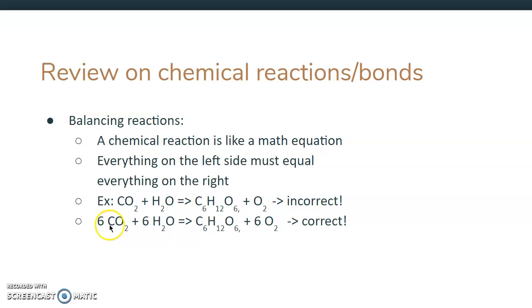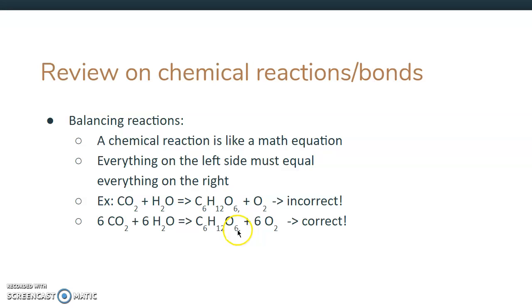So we have numbers in the front, and now we would multiply this 6 by the little subscript. If we look at carbons, we would have 1 times 6, so 6 carbons on this side and 6 carbons on this side. Let's do oxygen: we would have 6 times 2, so 12, and then another 6 because we have a 6 times a 1 in our oxygen, to get 18.